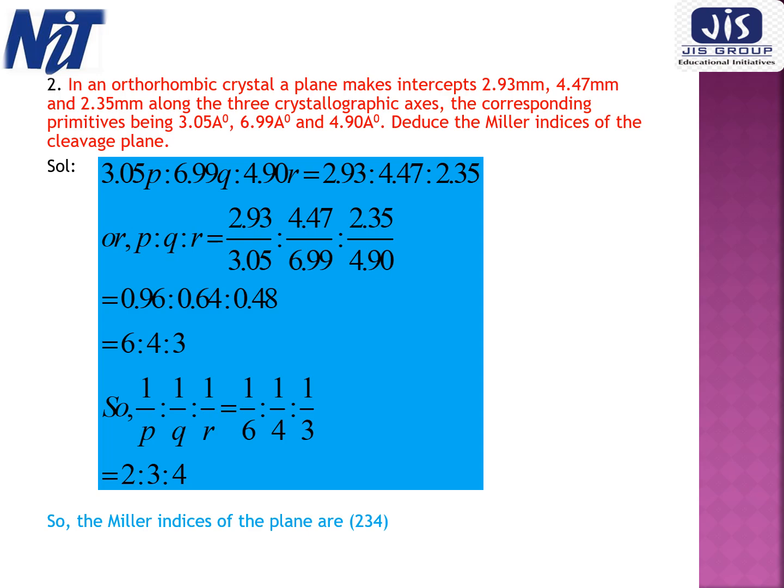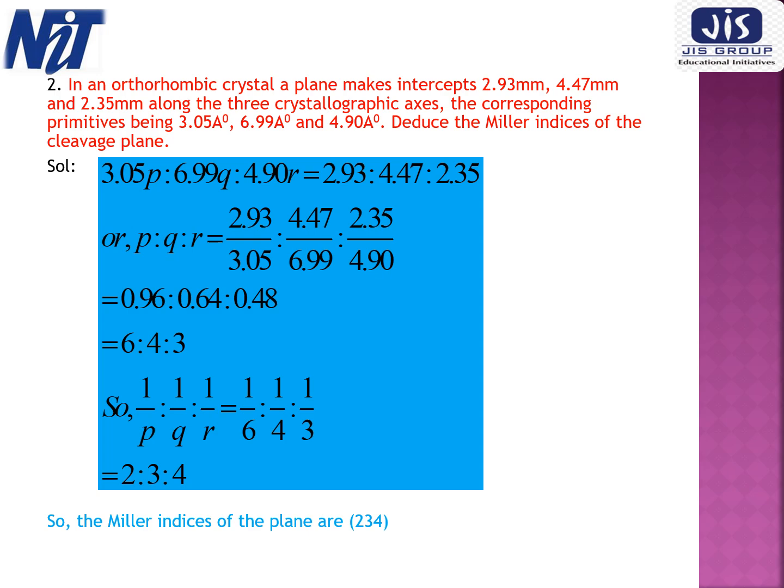We will take this as P into A ratio Q into B ratio R into C. So here in place of A there is 3.05, so we will multiply this, and because of that we will get 3.05 P ratio 6.99 Q ratio 4.90 R is equal to 2.93 ratio 4.47 ratio 2.35.